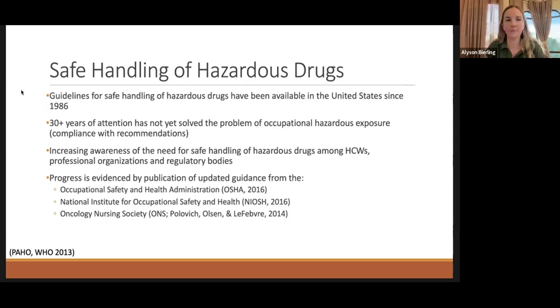And mainly the reason for that is that healthcare workers are not always compliant with recommendations. And all of this is to just say that there is a need for increasing awareness of the need for safe handling of hazardous drugs among healthcare workers, professional organizations, and regulatory bodies.